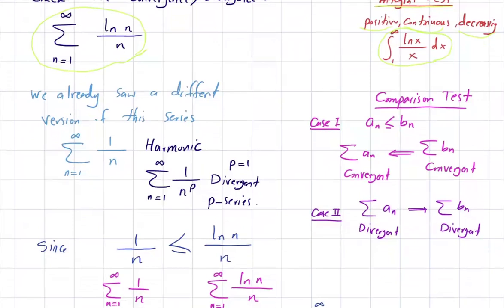Comparison test says you have two cases, two scenarios. If an is less than equals to bn, if the larger series is convergent, you can conclude that the smaller series is also convergent. If the smaller series is divergent, you can conclude that the larger series is divergent as well.